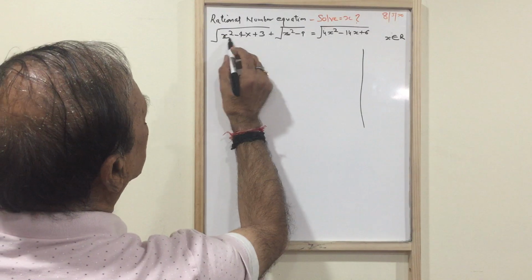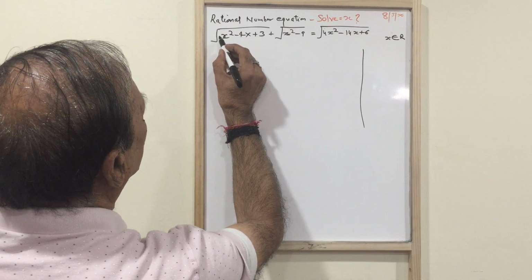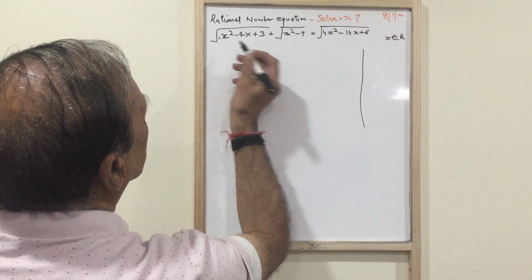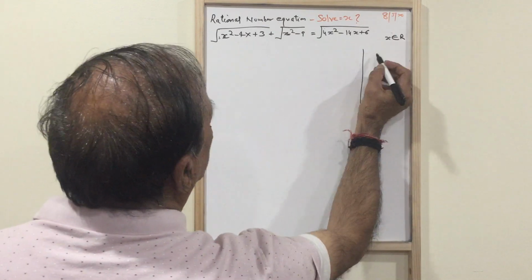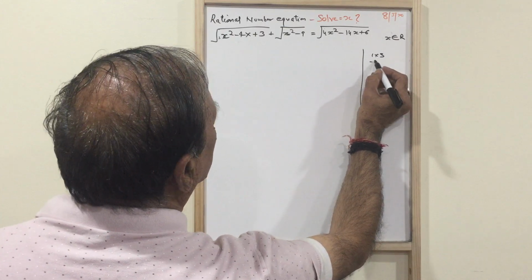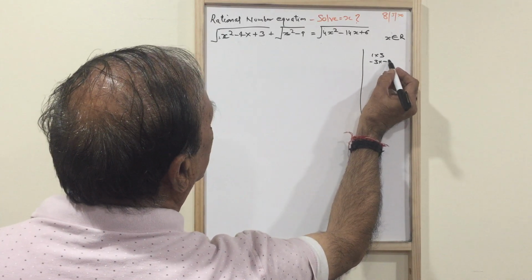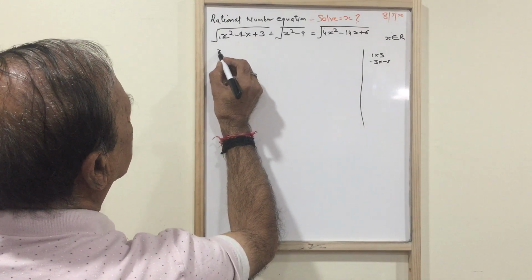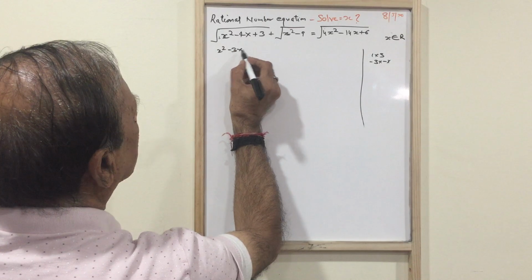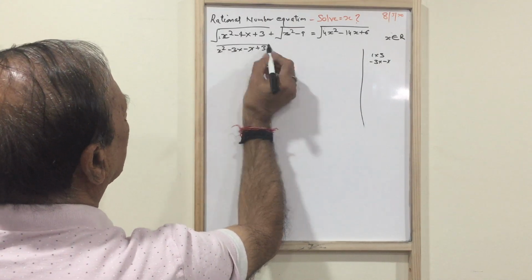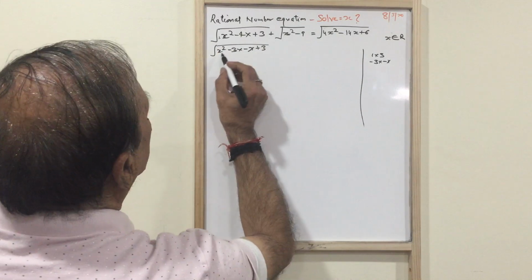It's very easy. The coefficient of x square is 1 here and the constant is 3. So 1 into 3, we can write as minus 3x minus x, which comes to minus 4x. So x square minus 3x minus x plus 3, under root.